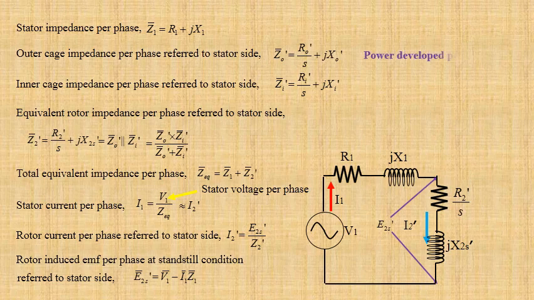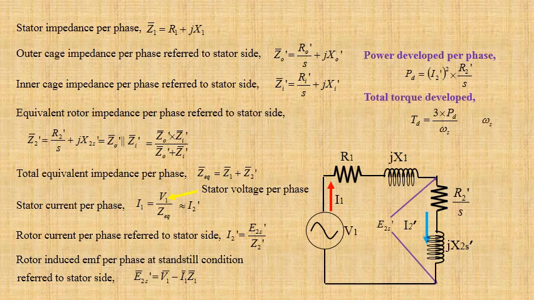Power developed per phase PD equals I2' square into R2'/S. For three-phase induction motors, total torque developed TD equals 3 times PD divided by omega S, where omega S is the angular speed of rotating magnetic field measured in radians per second.